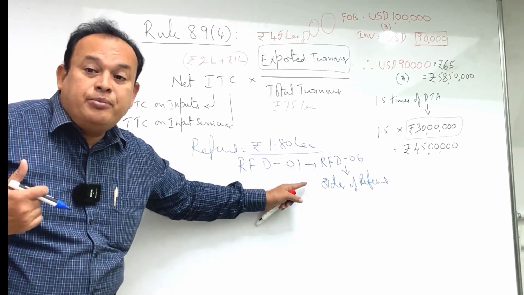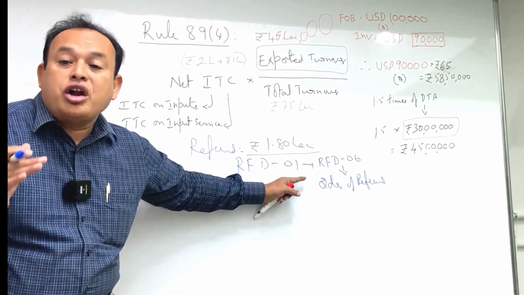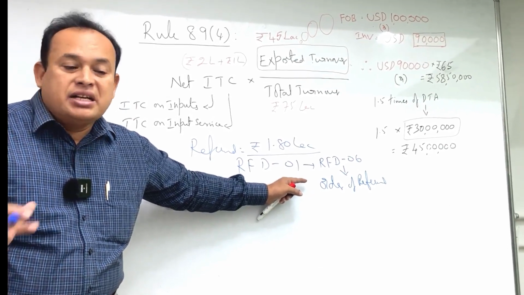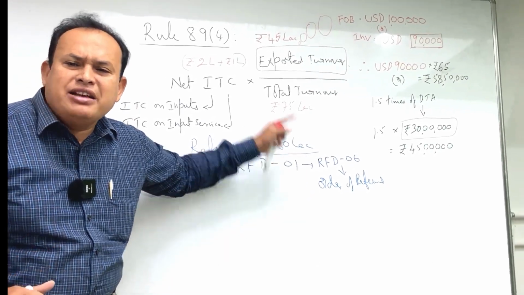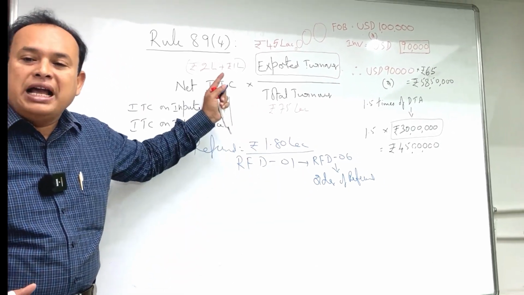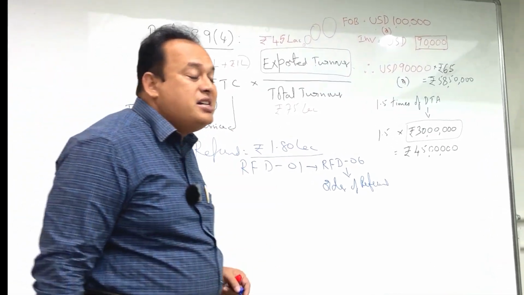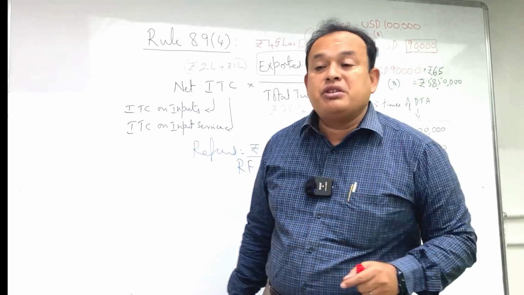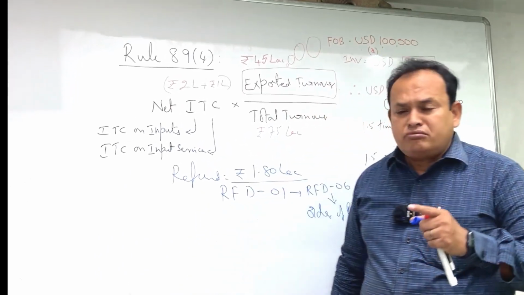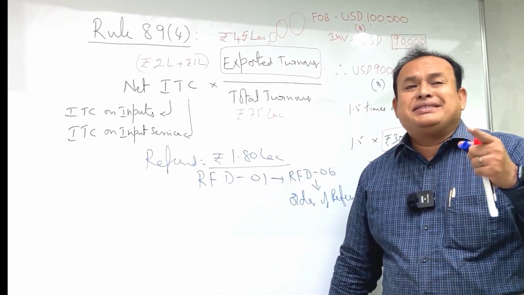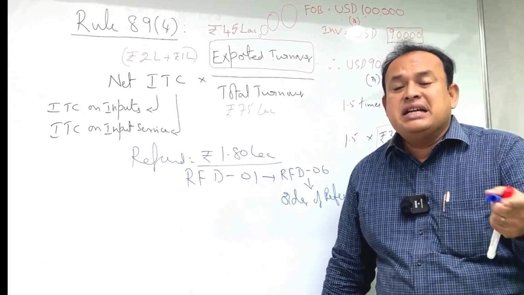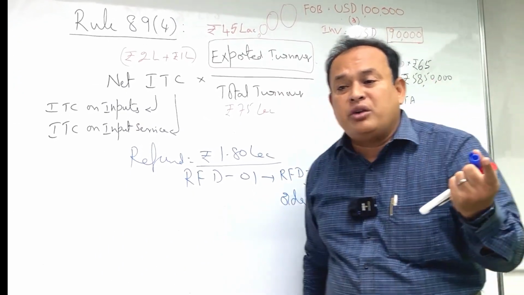In that case, the chartered accountant or cost accountant certificate is not warranted, even if the value exceeds 2 lakh, because that provision is not applicable for a zero rated supplier, nor for a person who claims excess amount in the electronic cash ledger. Certificate is not required from a chartered accountant or cost accountant.